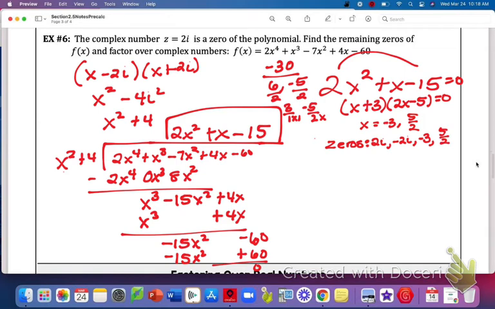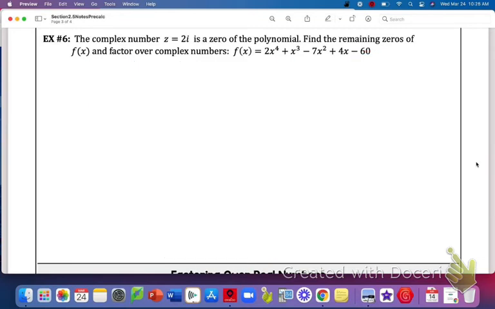So the factors would be x minus 2i, x plus 2i, x plus 3, and 2x minus 5. Sure, it's minus 5. Okay, so just another option that you can work with if you don't want to work through all of those using your rational root theorem.